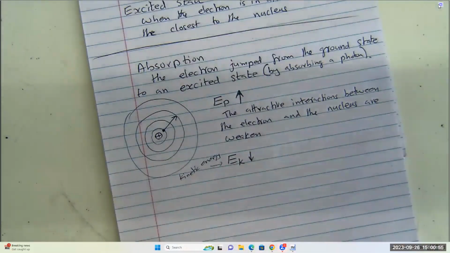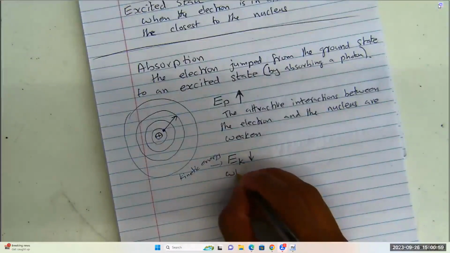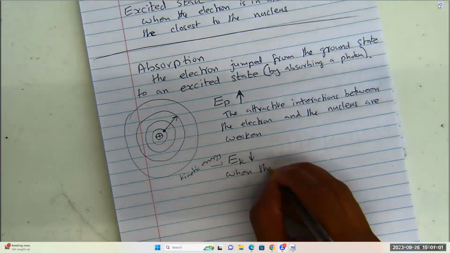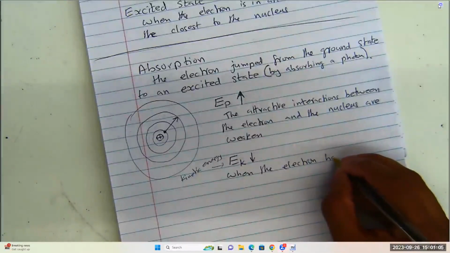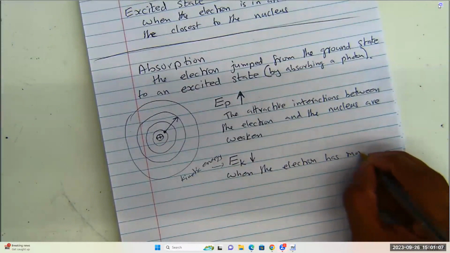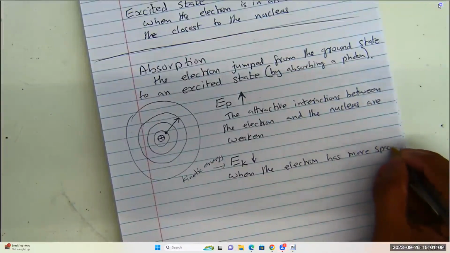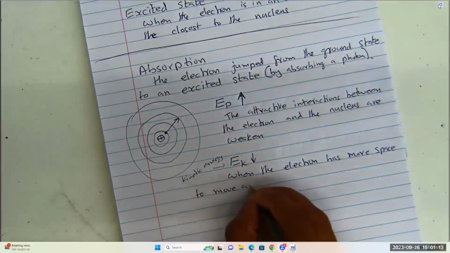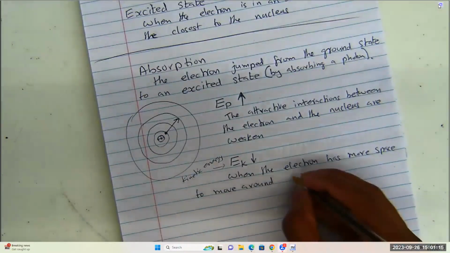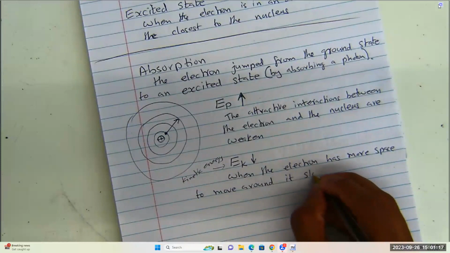I'm going to generalize it even more. When the electron has more space to move around, it slows down.